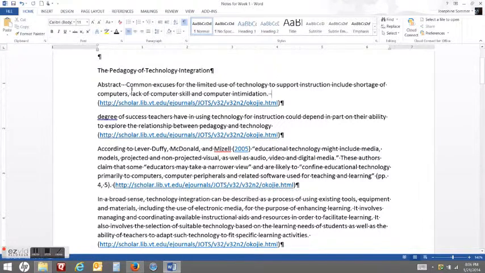In the abstract it says common excuses for limited use of technology to support instruction include shortage of computers, lack of computer skill, and computer intimidation.